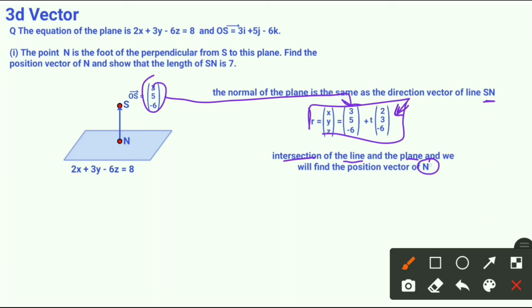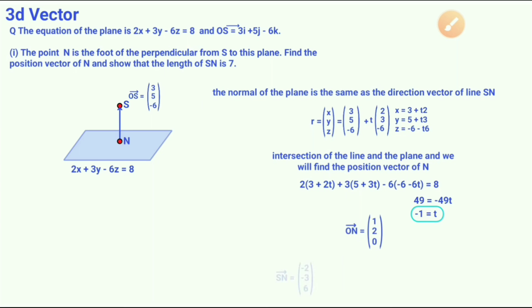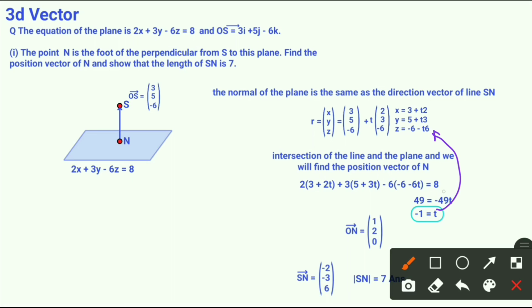Okay, so this is a line, and now there's an intersection of the line and a plane, and we'll find the position vector of N. Putting this into the equation, and then we will find this, and putting this back into this and this, we have found the position vector ON.